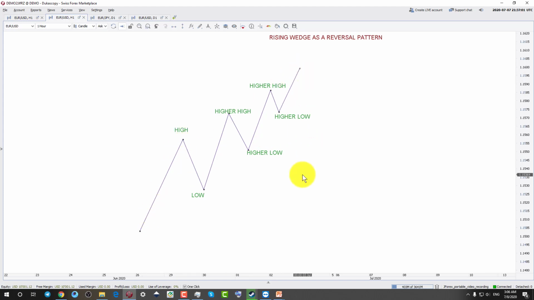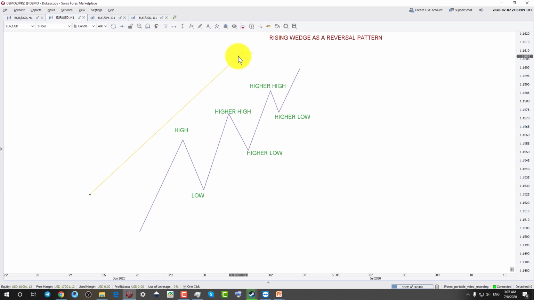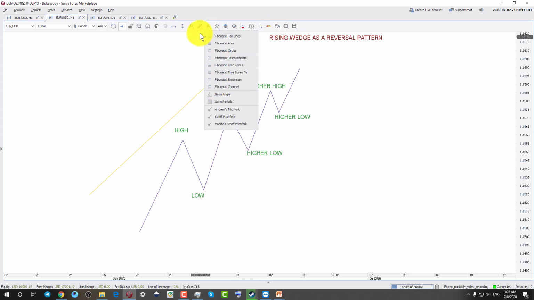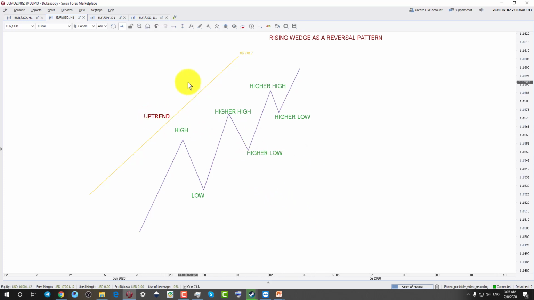Well, we got it. Now which trend is this? This is clearly an uptrend. So for a rising wedge to act as a reversal pattern, we need an uptrend.